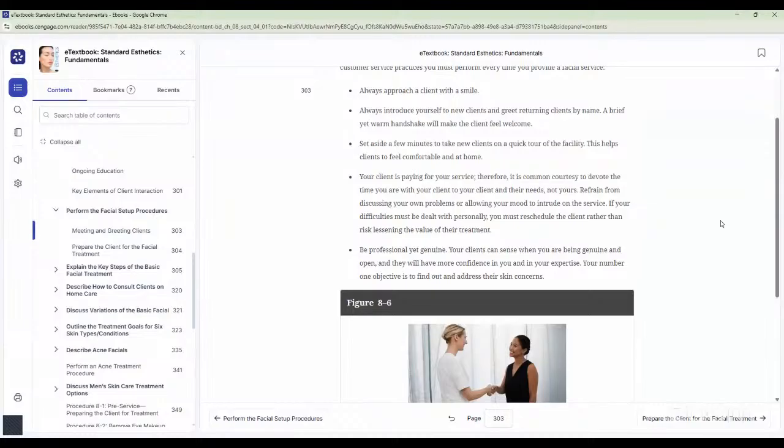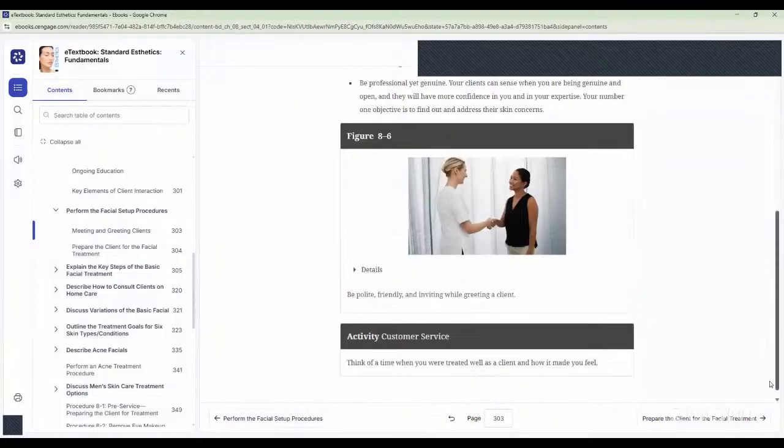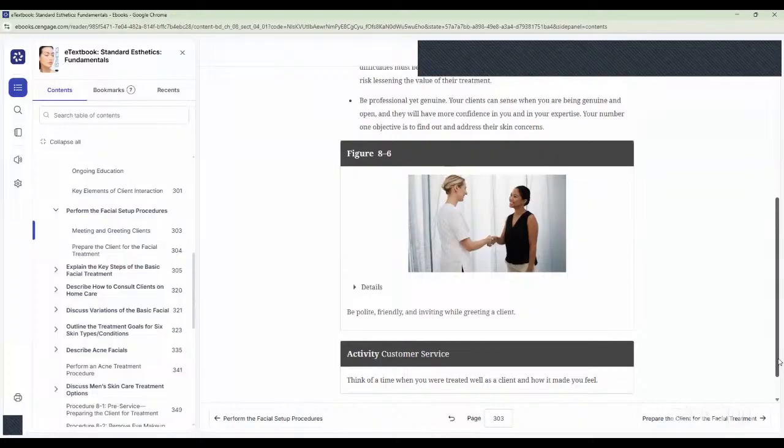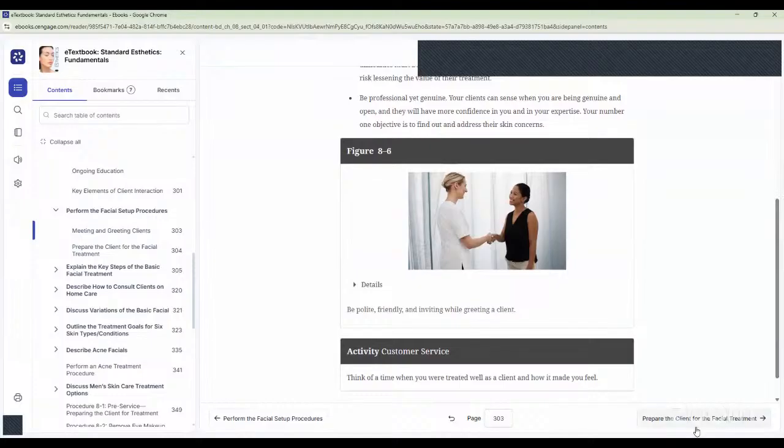I don't know anyone that's going to support someone who's always rude and mean and just even the look is unapproachable. I'm just going to go somewhere else. It just looks scary. So please make sure that you are doing your part. And this is all about building clientele. Every year that you grow, these skills are going to grow with you. And it makes it easy for someone to refer you.